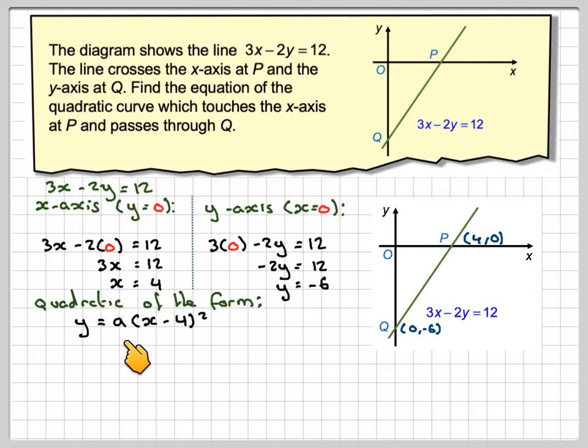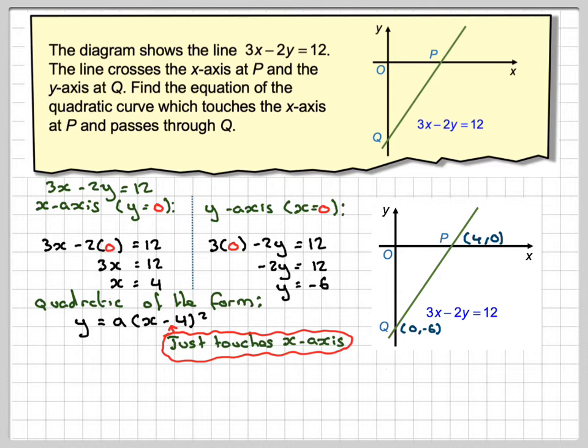Now, in order to find the value of a, we know that it goes through 0, minus 6. So the last term, when we square it, times by a must be equal to minus 6. So just write this down, just touches the x-axis. We require a times minus 4, like I just said, a times minus 4 all squared to be equal to minus 6.